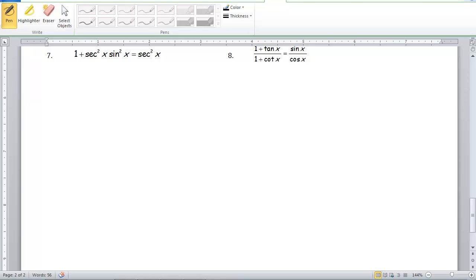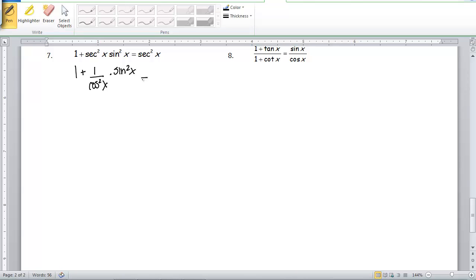In number 7, I'm again noticing that I have two terms that I need to make one. The problem is you can't just separate this 1 with one of these square terms to use a Pythagorean identity. So really your only option here is to make everything in terms of sine and cosine. The 1 we're not going to do anything with, but the secant squared I'll make 1 over cosine squared. It's reciprocal.